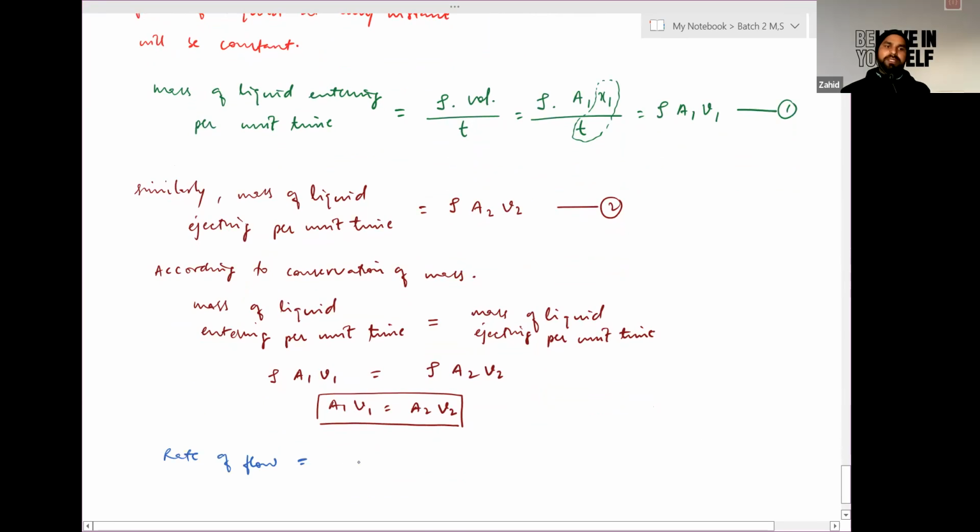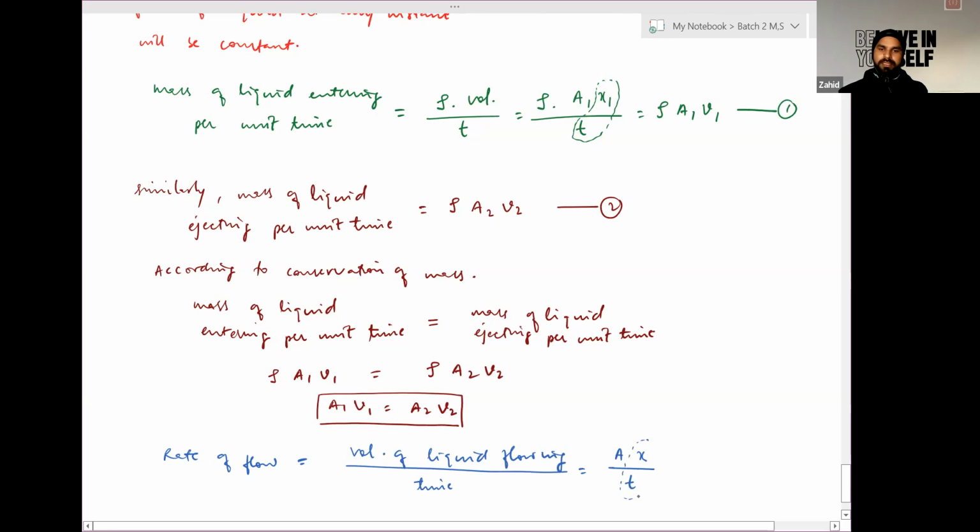Rate of flow of liquid is also equal to volume of liquid flowing per unit time. We can write volume as area into length divided by time t.